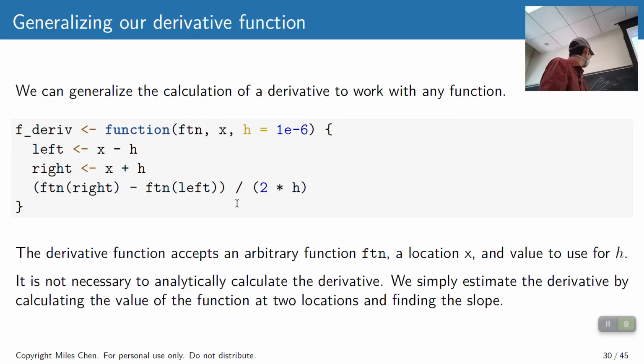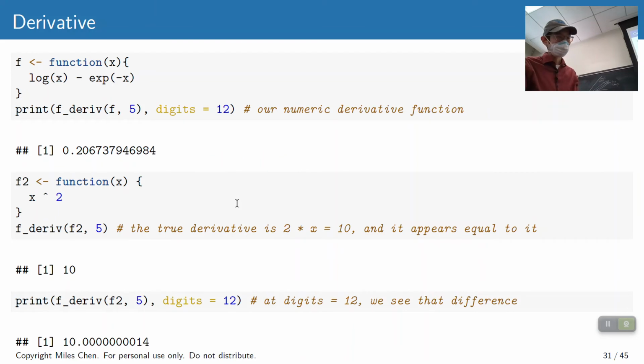Effectively, I'm doing x plus h, and we're finding the slope here, and the idea is that this is going to be close to parallel to the true tangent line there. Okay, so how does this work?